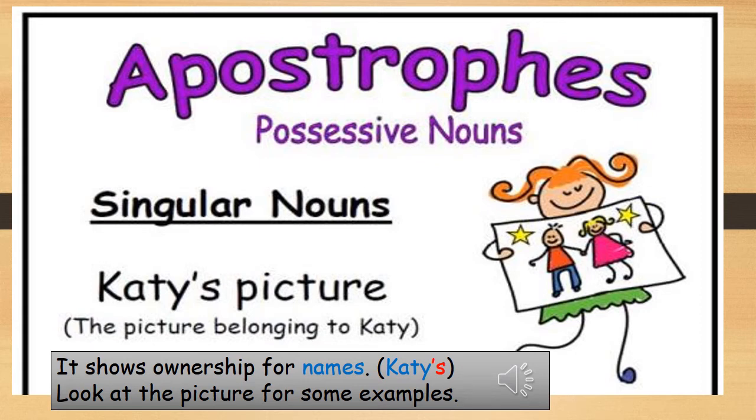That's the name. There's nothing special or fancy about it. But when we use an apostrophe to show ownership, we use an apostrophe plus the letter S to show who it belongs to. Katie's picture. Okay, that shouldn't be too tricky to understand. Let's go a little bit deeper.